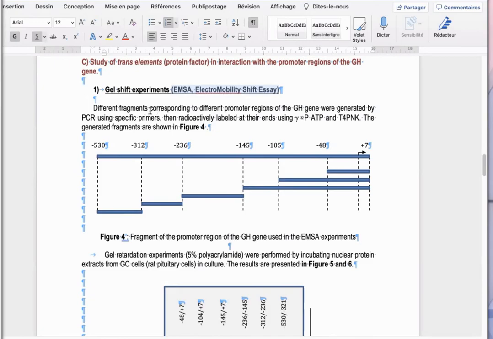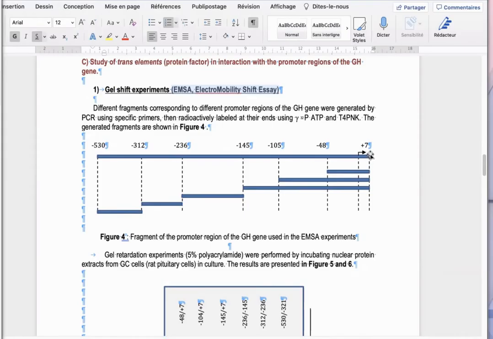using specific primers, radiolabeled using gamma P32 ATP and polynucleotide kinase, and the fragments that have been generated are shown in figure 4. So on the top of the figure, you've got the promoter sequence. Here is the transcription start.